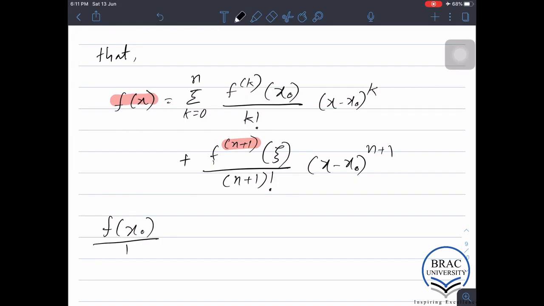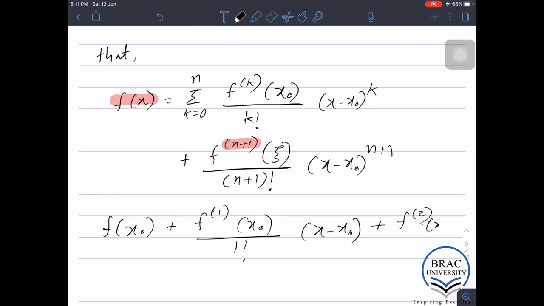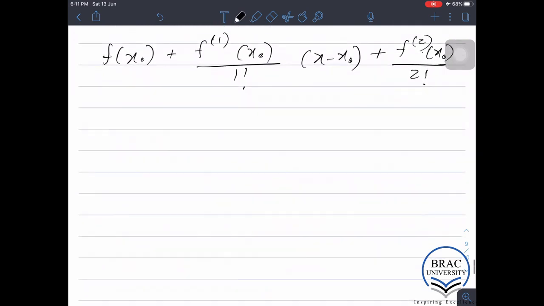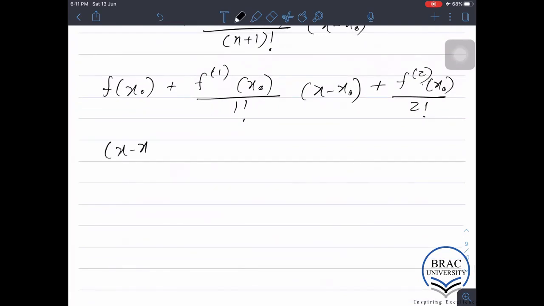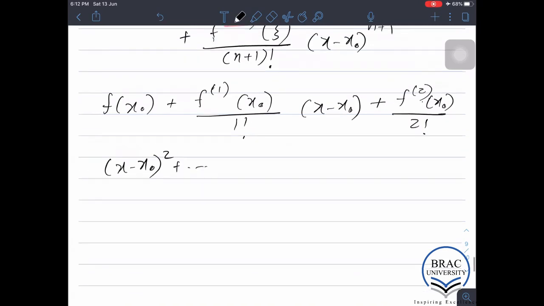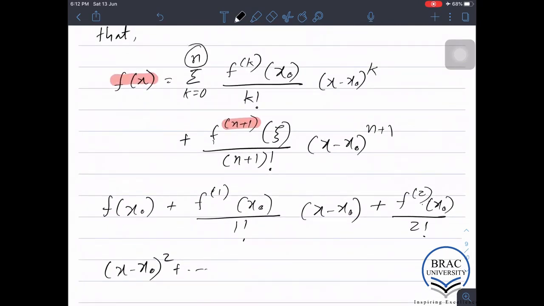So you just get f of x0, which is the first term of the Taylor series. The second one is f prime or f1, whatever you call it, of x0 divided by 1 factorial times (x minus x0). The second term is f2 of x0 divided by 2 factorial, and you have (x minus x0) whole square, and you keep on going up till the term n here.